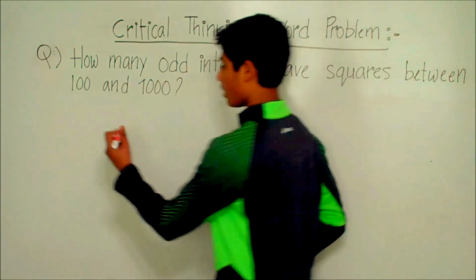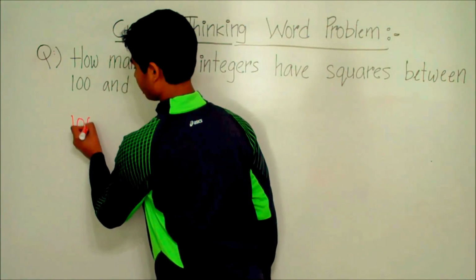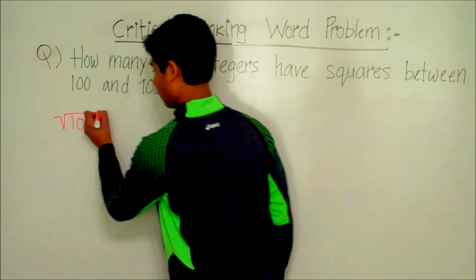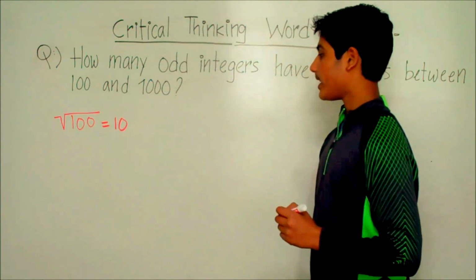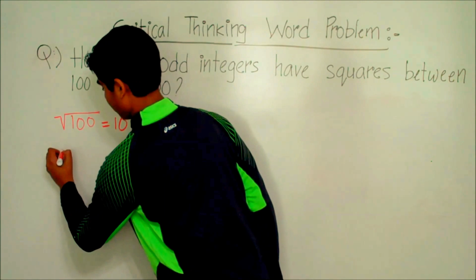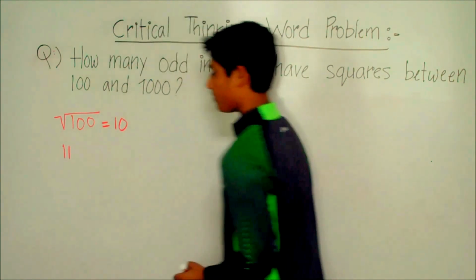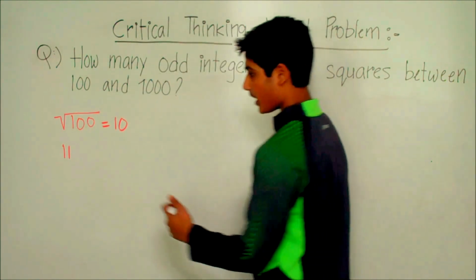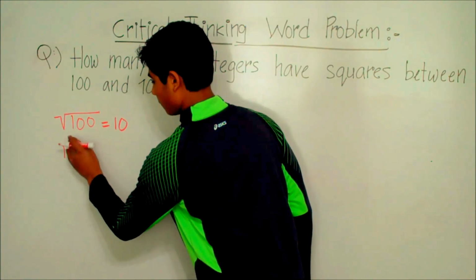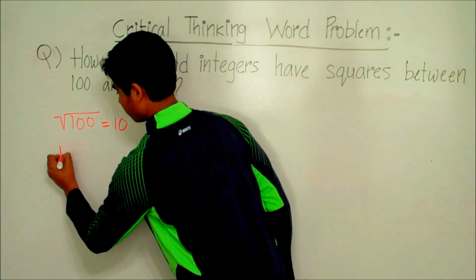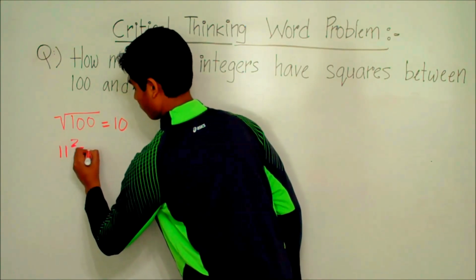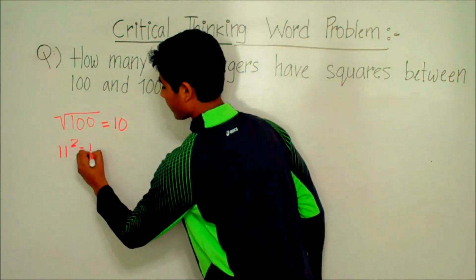So we know that 100 is a square number, and the square root of 100 is 10. The next odd integer after 10 is 11. 11 squared is equal to 121.